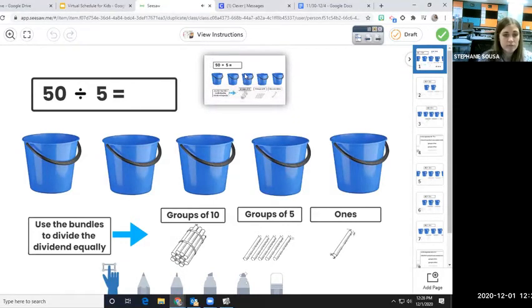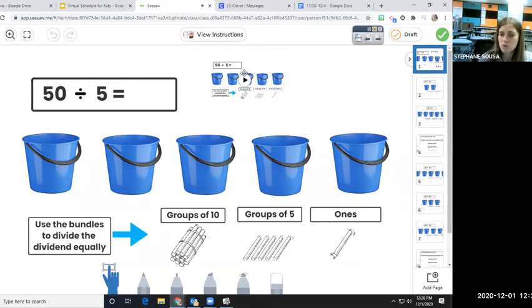You have 50 as your dividend, and you're going to divide that 50 into 5 buckets. Use the bundles to divide the dividend equally. Try using groups of 10, then try using groups of 5, or you can try one at a time. Think about which way will get you there the fastest.